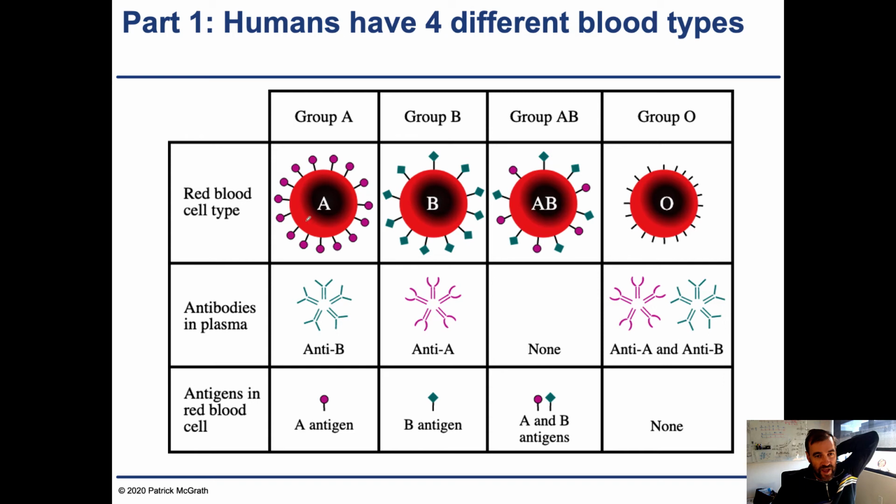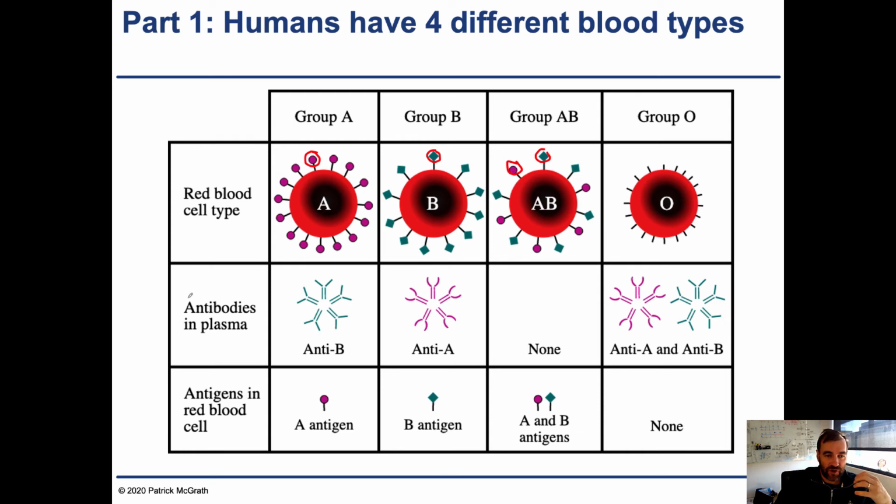If you have an A blood type, then that means you produce this antigen, the A antigen. If you have the B blood type, that means your blood cells have the B antigen. If you have the AB blood type, then you produce both. And if you have the O, then you don't produce any antigens on your red blood cells.